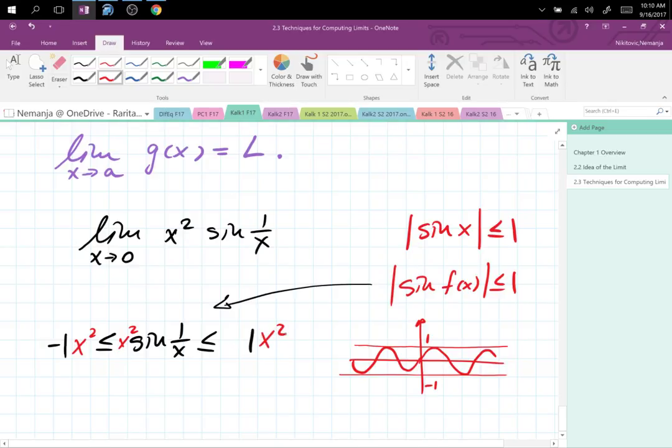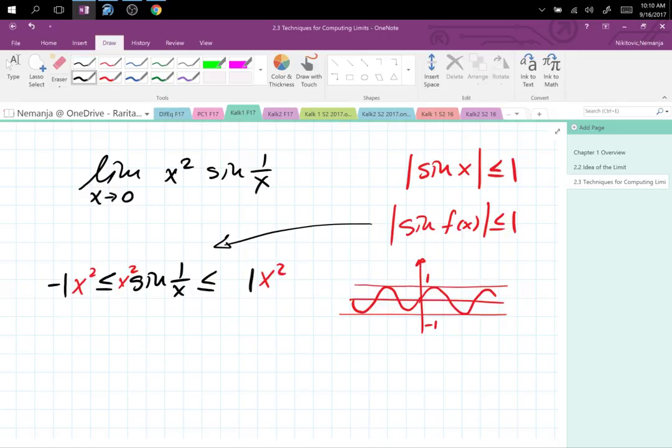And as soon as I do that, we have -x squared less than or equal to x squared sine 1 over x less than or equal to x squared. So our function that we're interested in is sandwiched in between -x squared and x squared. Now those two are easy for limits. So now you take the limit of the two end functions. If that works out to be the same value, the sandwiched function has to have that value.